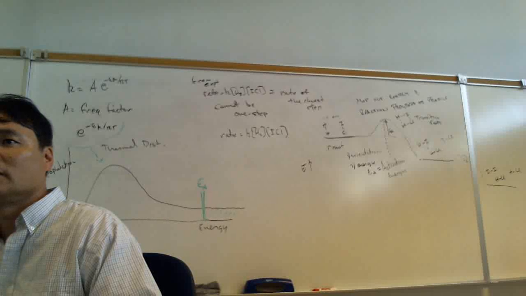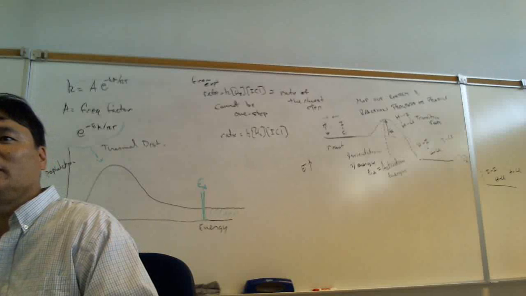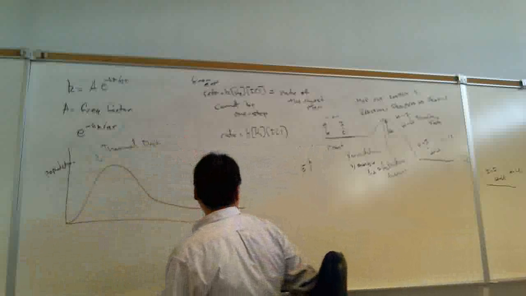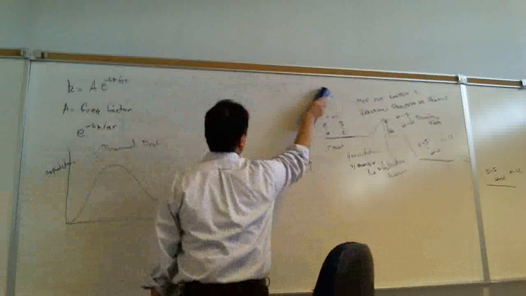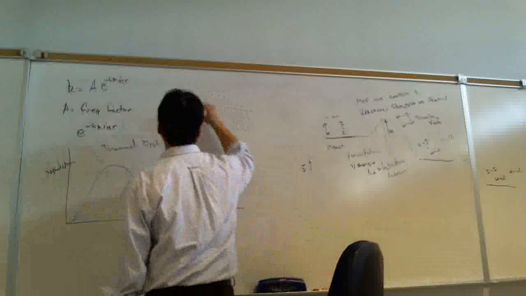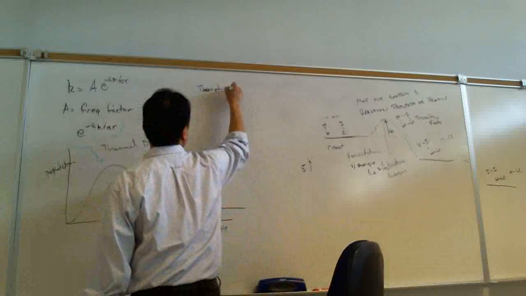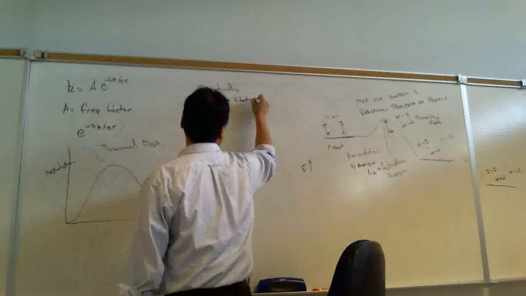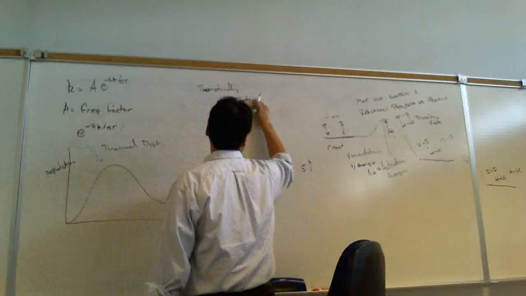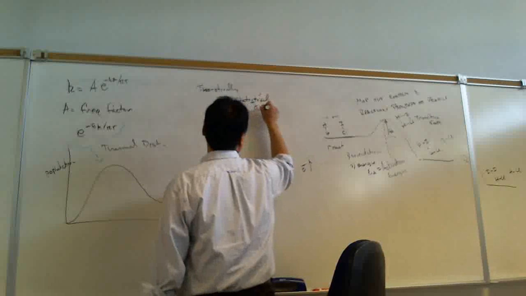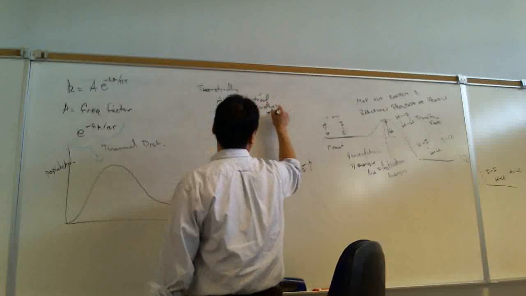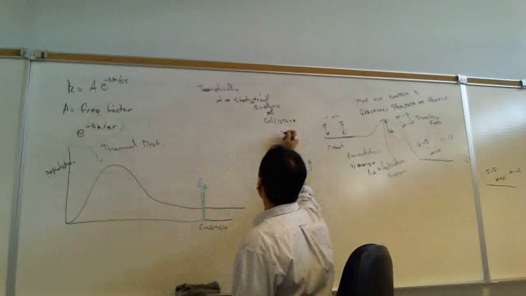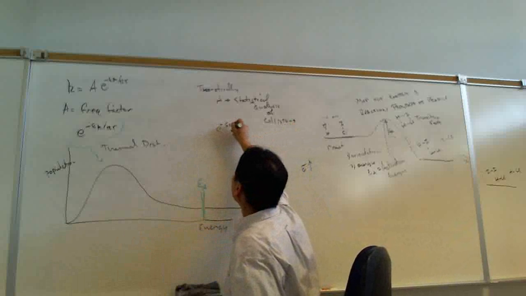So let's look at A, theoretically versus experimentally. For A, you'd look at statistical analysis of collisions. And B, e to the minus EA over RT.